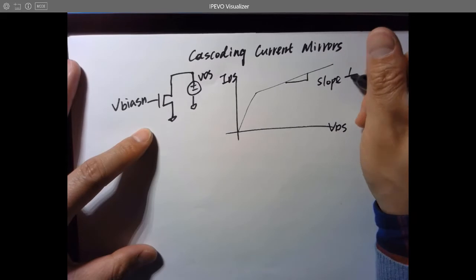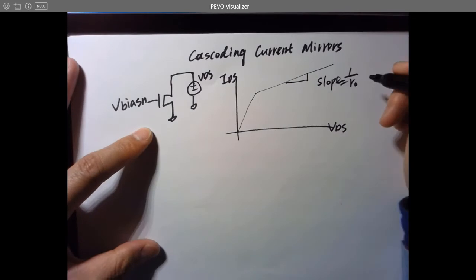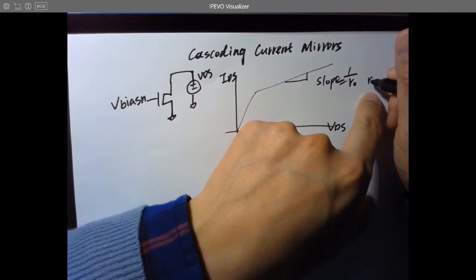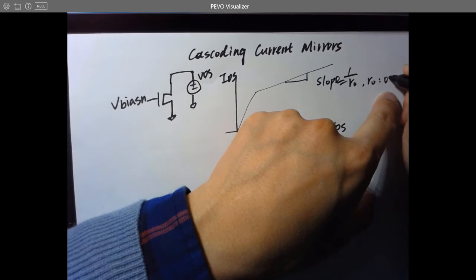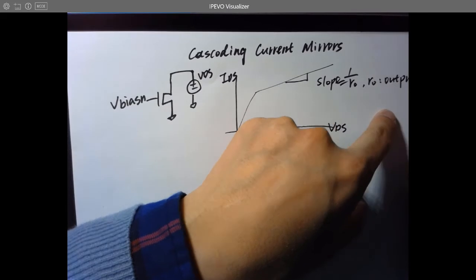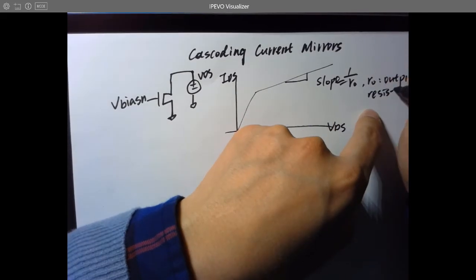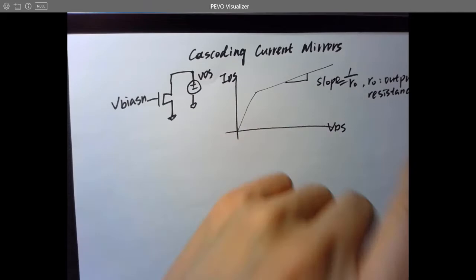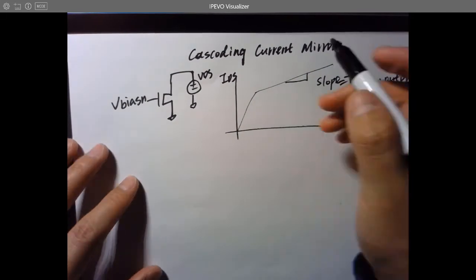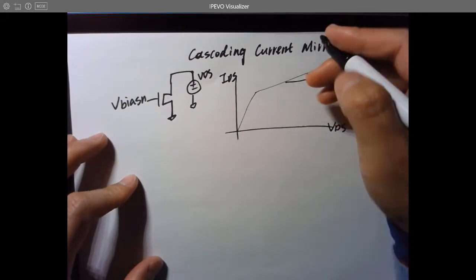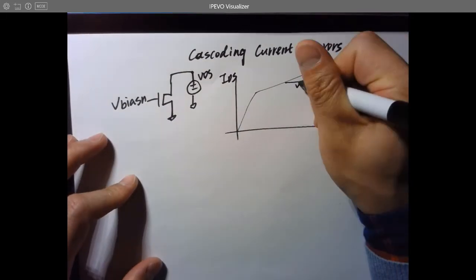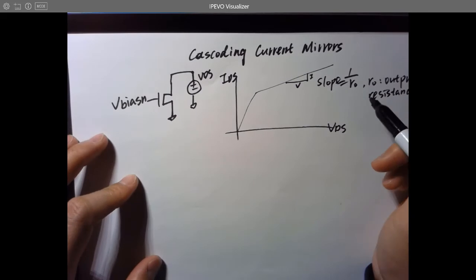So the slope here is 1 over RO. RO is the output resistance. Okay, it's 1 over RO because the slope is I over V, right? So that's why it's 1 over RO.